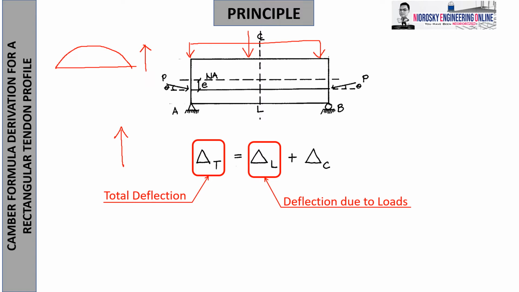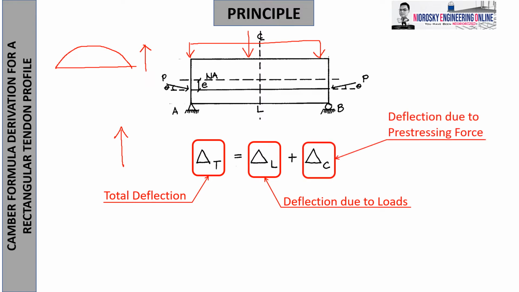Now, also, delta C is the deflection due to pre-stressing force. This is our main interest today. So we will adapt some methodologies to find the methodology used to compute the deflection due to pre-stressing force, or delta C. C refers to camber.